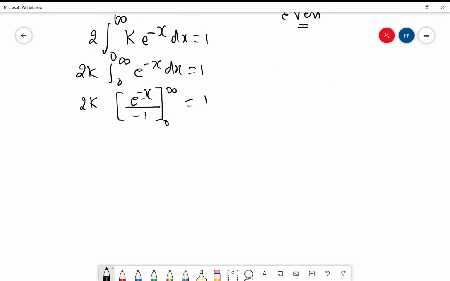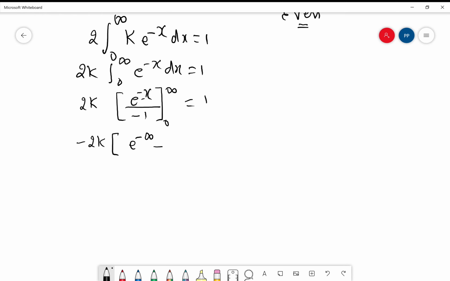And if we take the limits, I'll take minus outside, minus 2k into, put x equals infinity, you're getting e power minus infinity. Strictly speaking, you can't write like e power minus infinity. We have to write limit as x tends to infinity e power minus x. For simplicity, we can write like that.